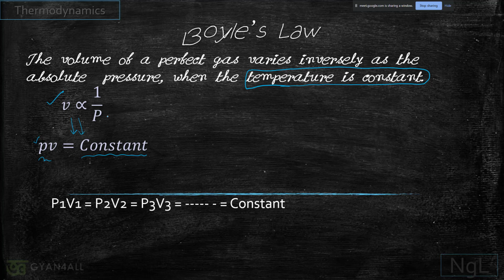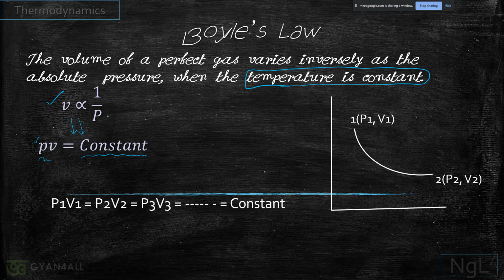This is the law. So for any combination of pressure and volume, it will remain constant. In some cases pressure will be more, volume will be less, and in other cases pressure will be less, volume will be more, but the PV will remain constant. Say this is a PV diagram. X-axis is V, volume, and Y-axis is P, pressure.